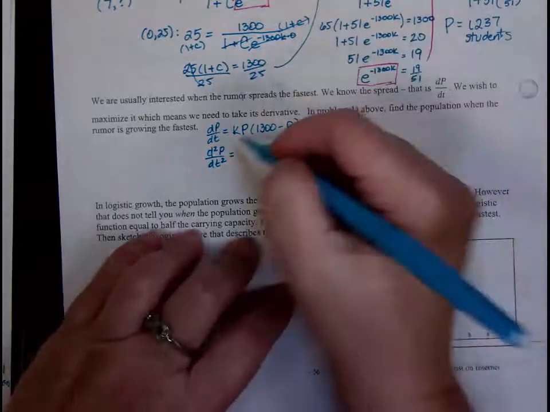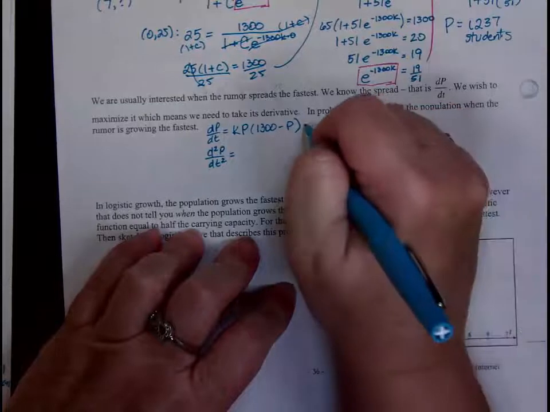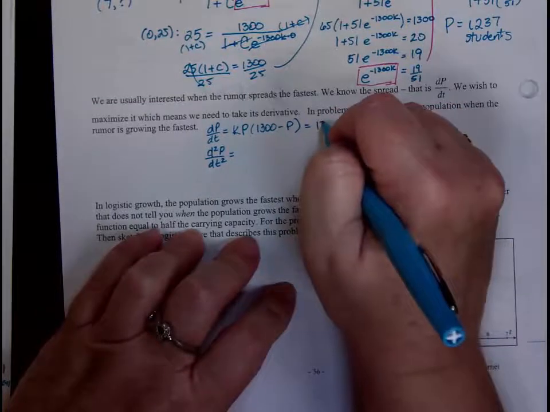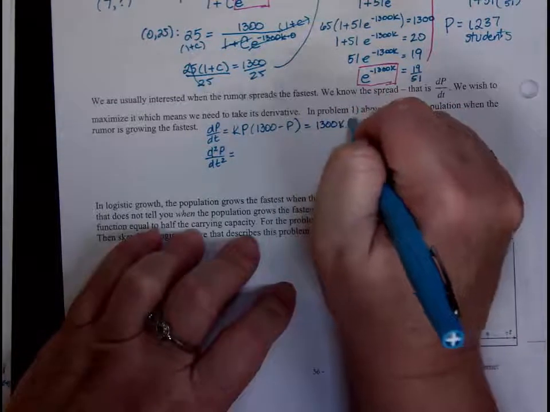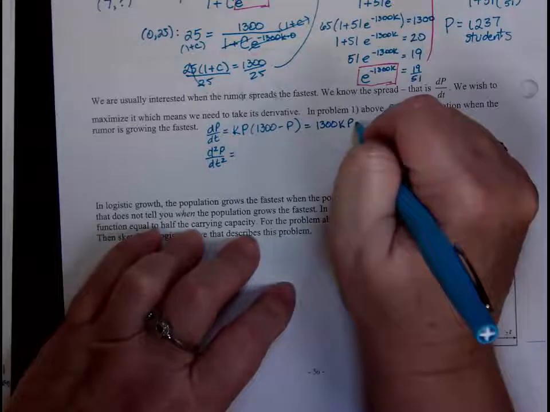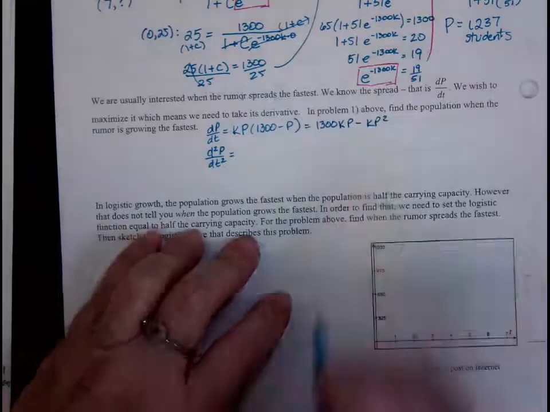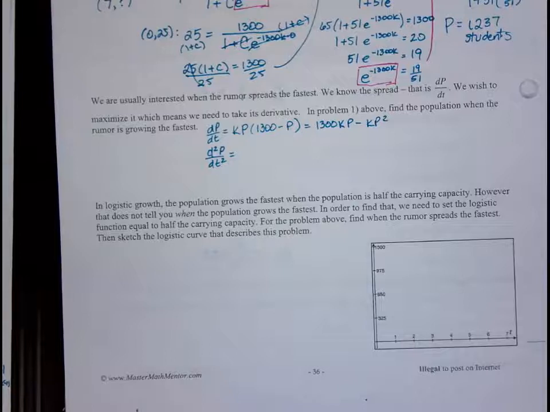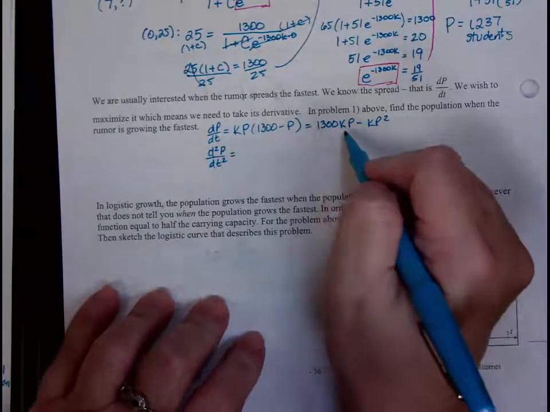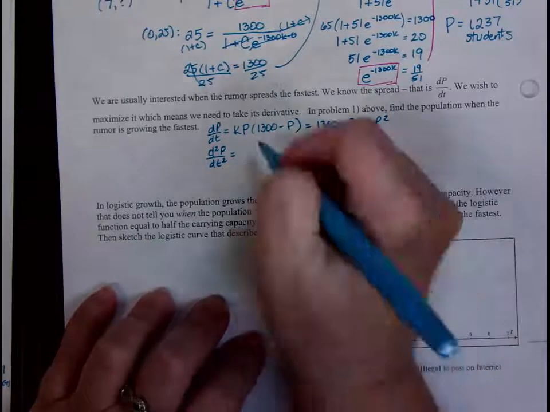All right, let's go ahead and distribute this. And that would be 1300 kp minus kp squared. Would you agree with that statement? Yeah. Now I don't have to do the product rule. Okay, like I said a minute ago, remember k is a constant. So what is the derivative of 1300 kp? 1300k.